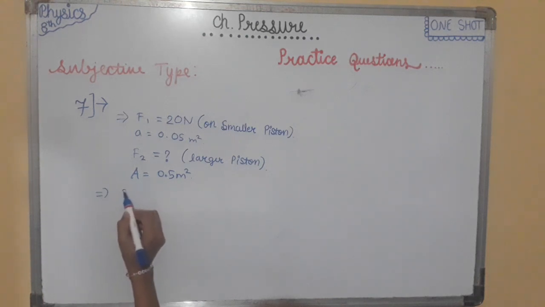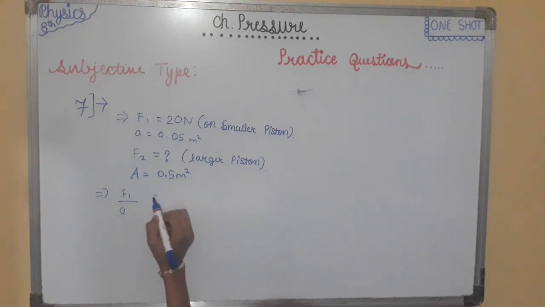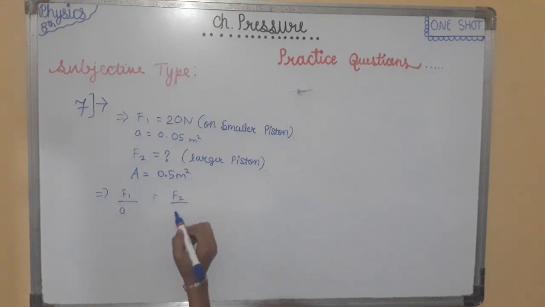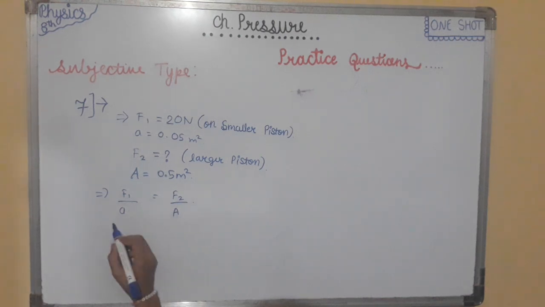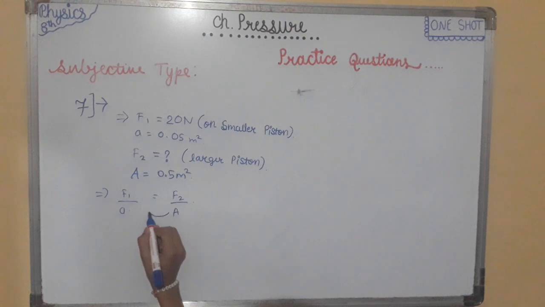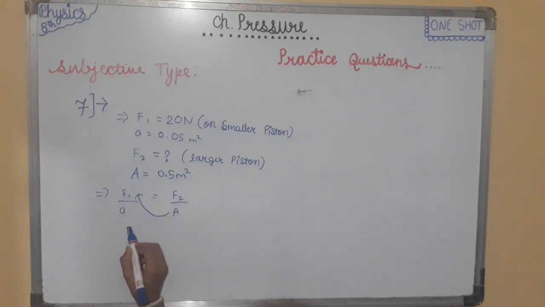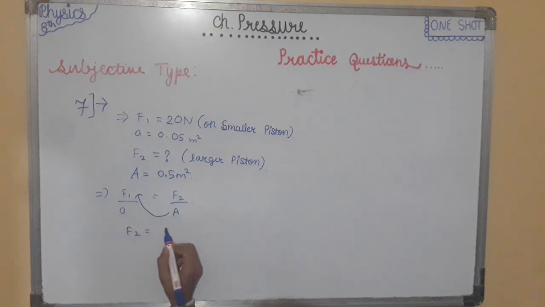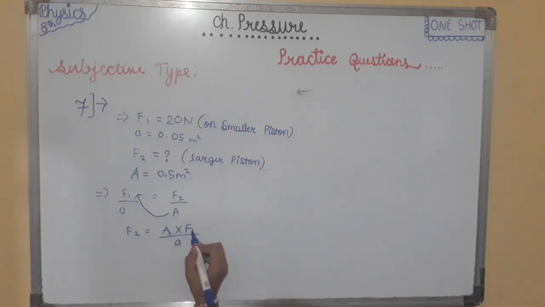The formula is F1 upon A1 is equal to F2 upon A2. We have to find the value of F2. So this will get transposed. F2 will be equal to A2 into F1 upon A1.